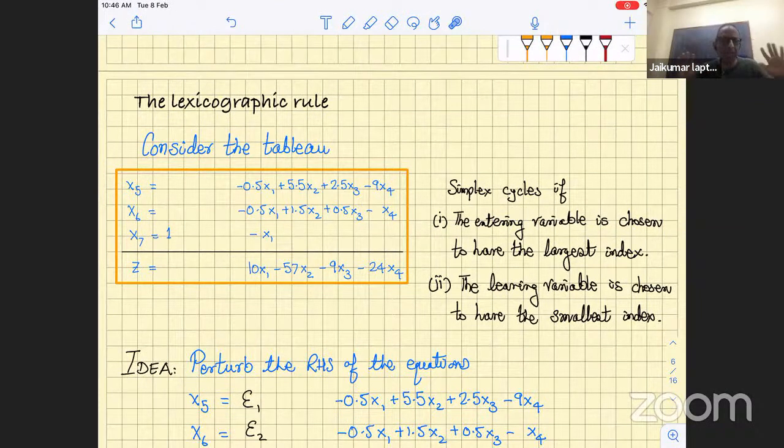Just because we are paranoid about degeneracy, we could have added epsilon1, epsilon2, epsilon3 there, and then continued onwards. Your question is, whether you encounter degeneracy or not, the scalars in all the rows will remain positive polynomials of epsilon1 to epsilon n.